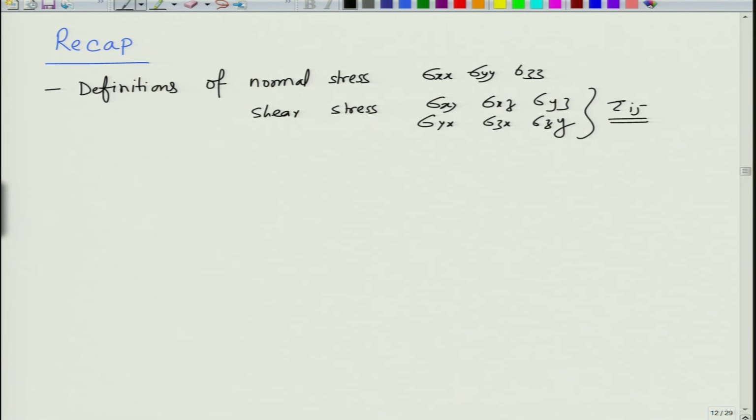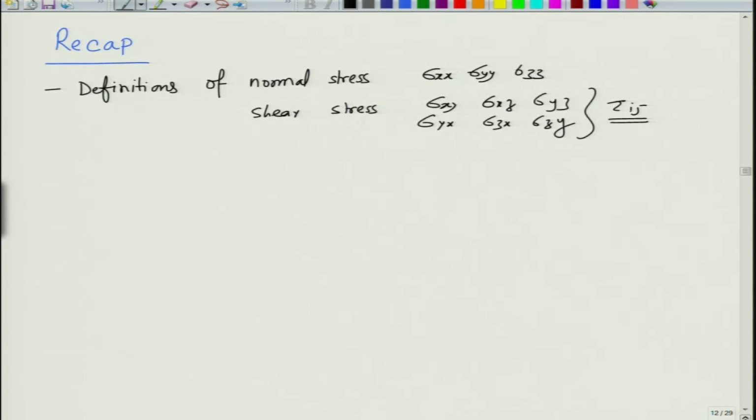By definition, normal stress is the stress arising from a force that acts perpendicular to an area, and shear stress is because of a force that acts along, let us say in this case, the j direction, and it acts on a plane which is normal to the i direction. Okay. So, this is the definition of tau ij.